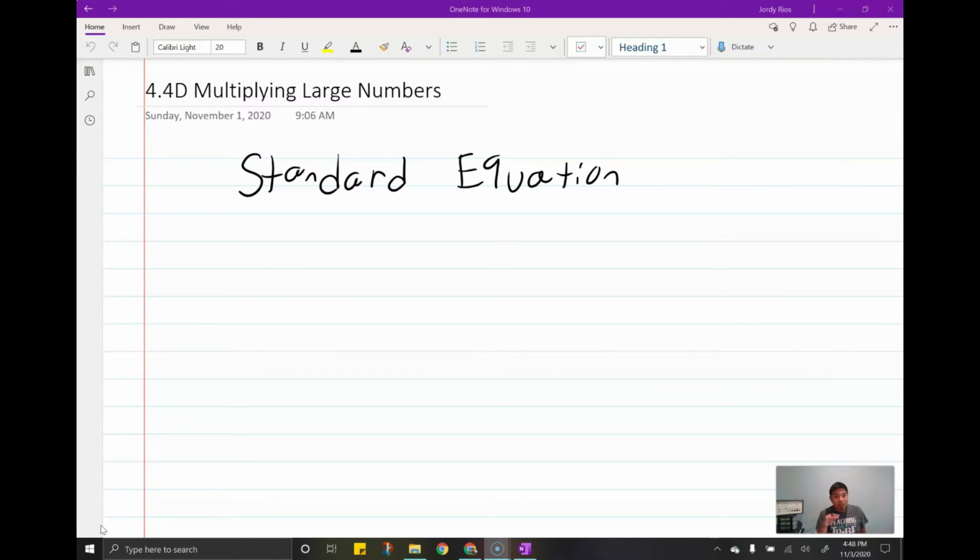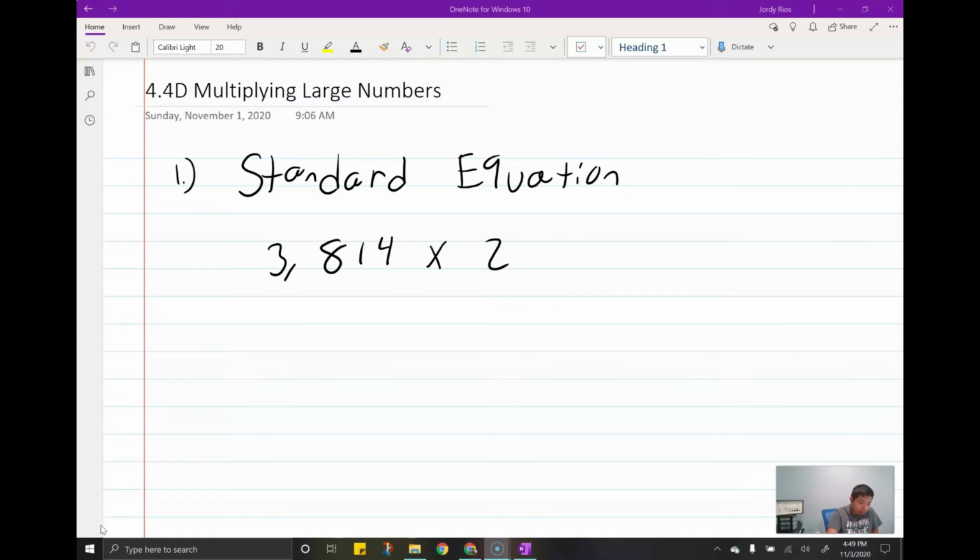So, this is called standard equation, and it's just kind of like the common way to do this, okay? So let's say I have 3,814, okay? And I want to multiply that times 2, okay?